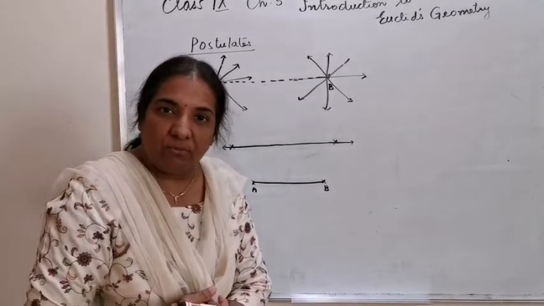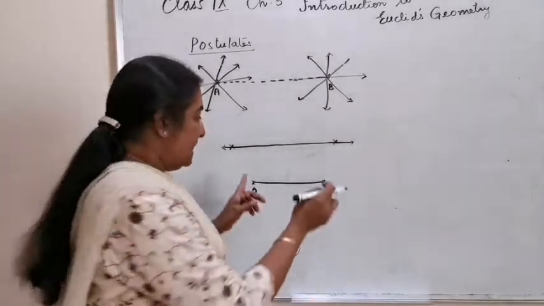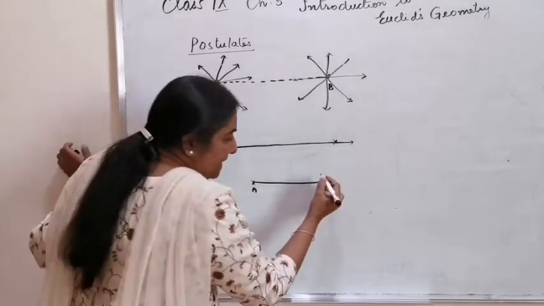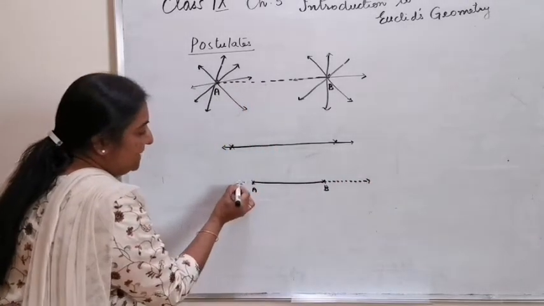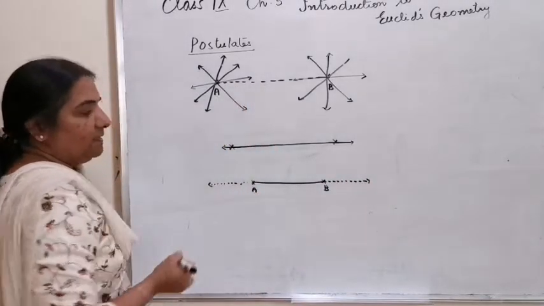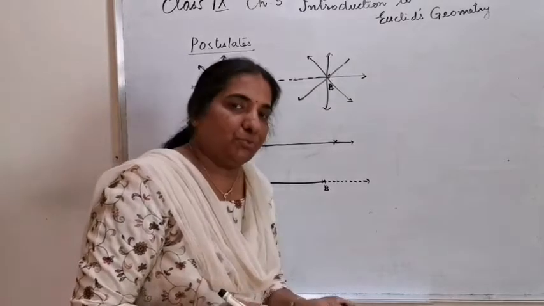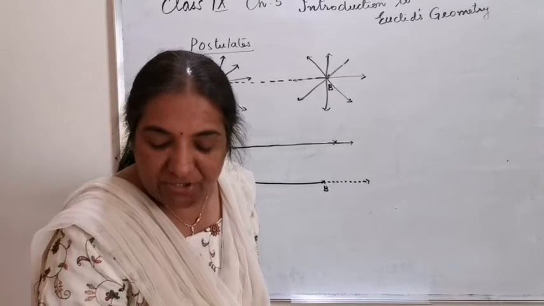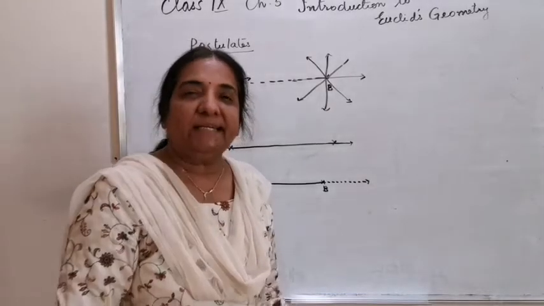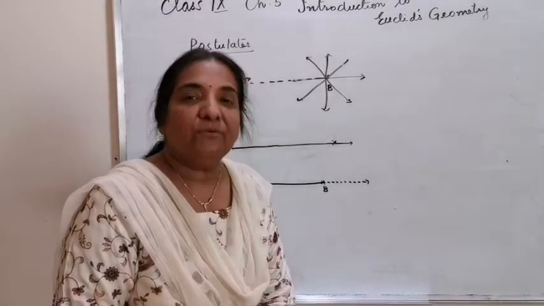The postulate is: a terminated line can be extended on both sides infinitely. This was postulate 2. The third postulate is: a circle can be drawn with any center and any radius.